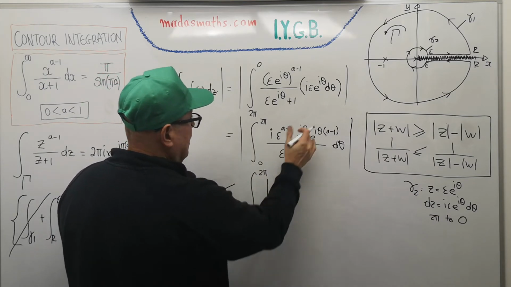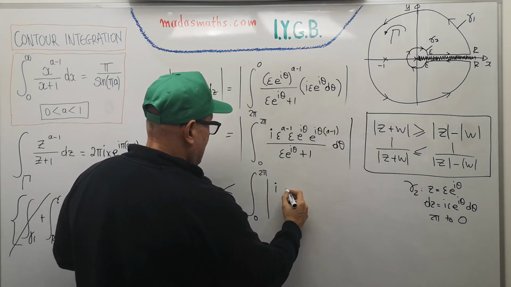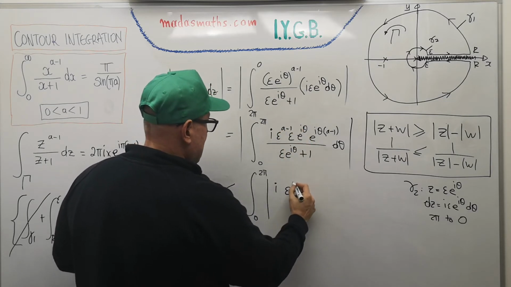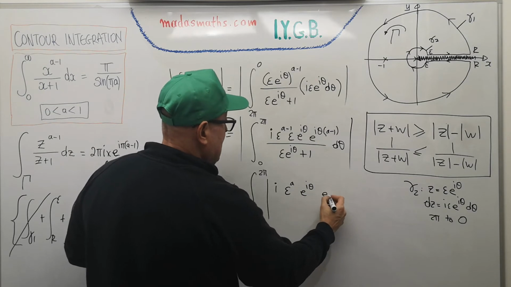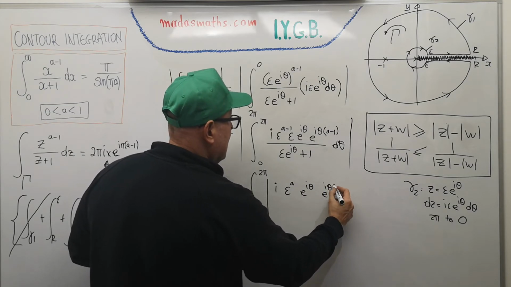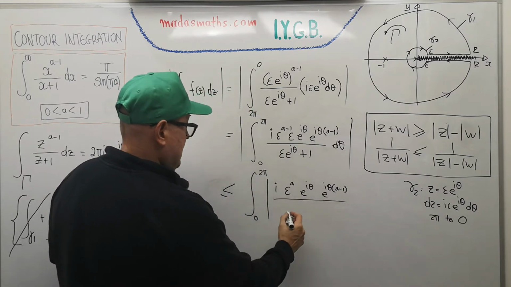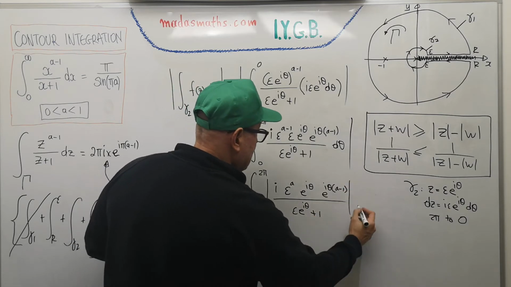So at the moment, all of this is inside a modulus. I'm going to put the two epsilons together, epsilon to the a, e to the i theta, e to the i theta a minus 1, and epsilon e to the i theta plus 1 d theta.